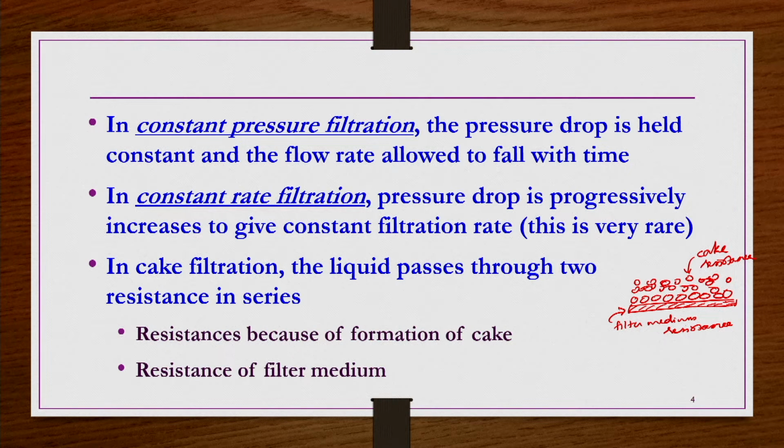So, one should have some information about what this resistance due to the formation of cake, or cake resistance, is, and what this filter medium resistance is. We need to have some information, or we should develop an equation, so that by using some experimental information we can calculate this resistance for a given situation where cake filtration is taking place.